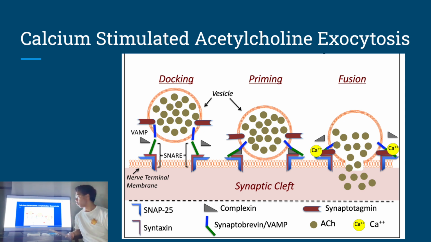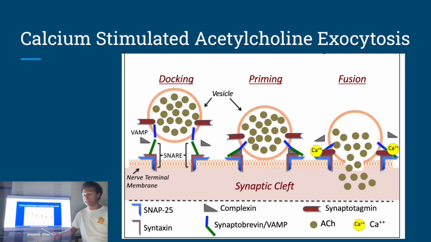This process occurs in three main stages: docking, priming, and fusion. During the docking phase, the acetylcholine vesicle is moved near the presynaptic membrane, and the SNARE proteins begin to interact with each other. The SNARE complex is a group of proteins which function to help fuse vesicles to a target membrane.